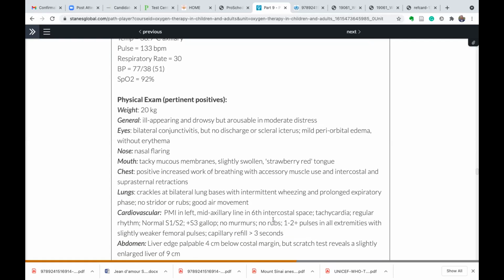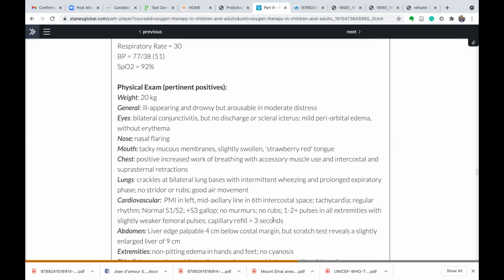The patient is ill looking, drowsy but arousable, with moderate respiratory distress. The patient has bilateral conjunctivitis, but no discharge or scleral icterus. The patient has mild periorbital edema without erythema, and has nasal flaring, slightly swollen mucous membrane, and strawberry red tongue.